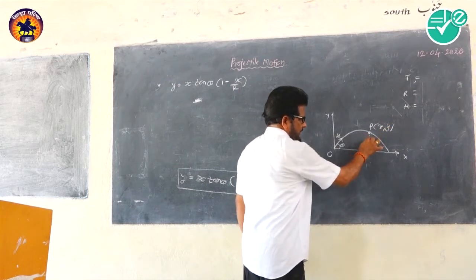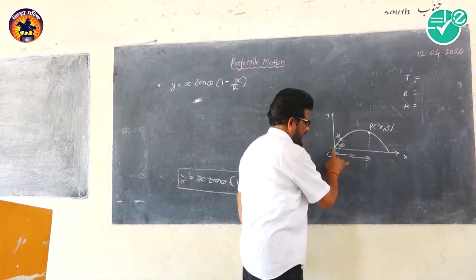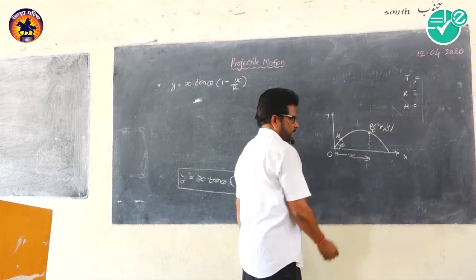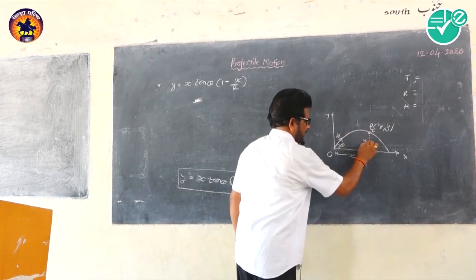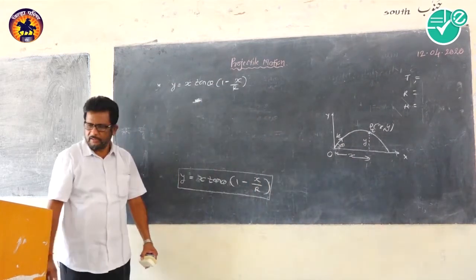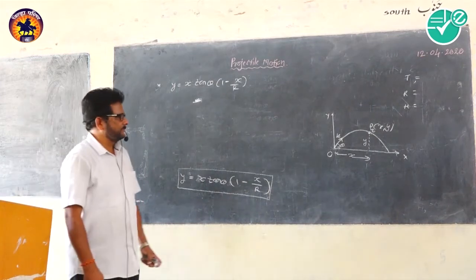That means this is the horizontal displacement of the particle in time t, and this is the vertical displacement of the particle in the same time t.